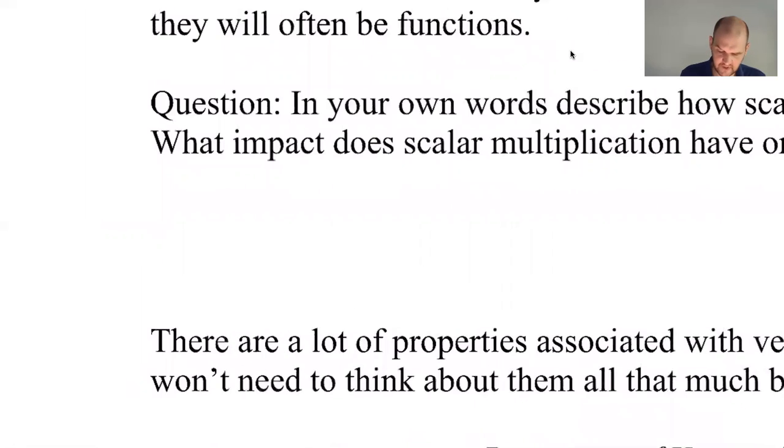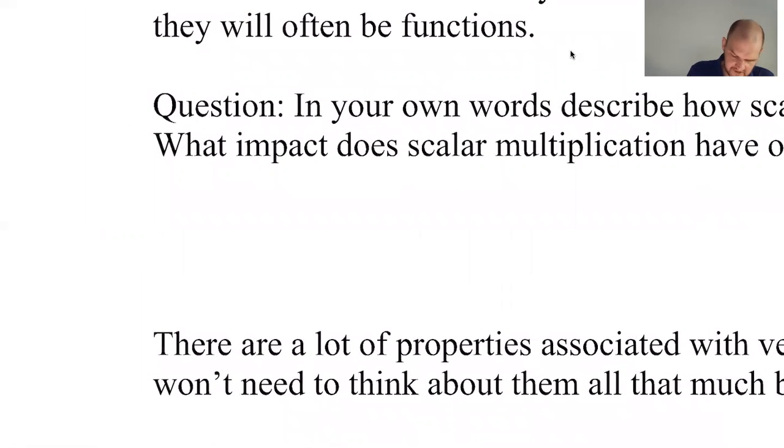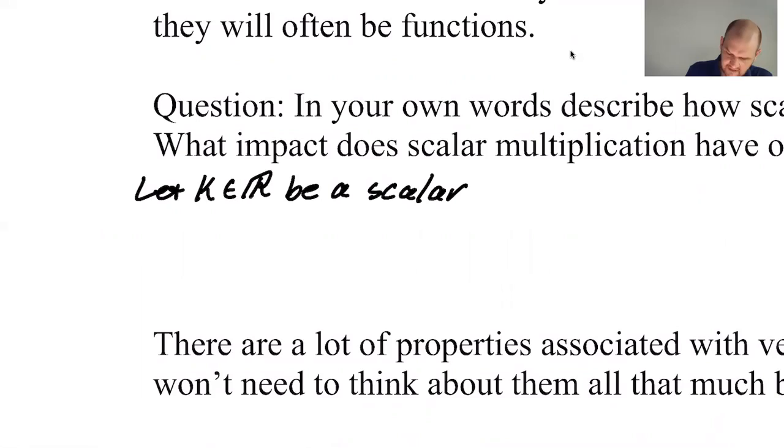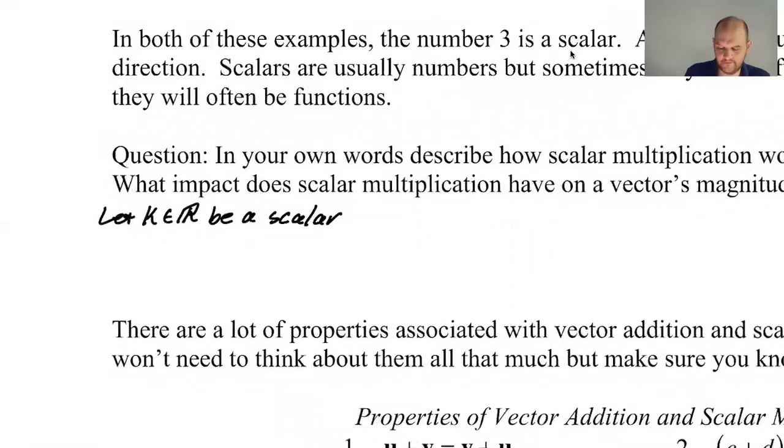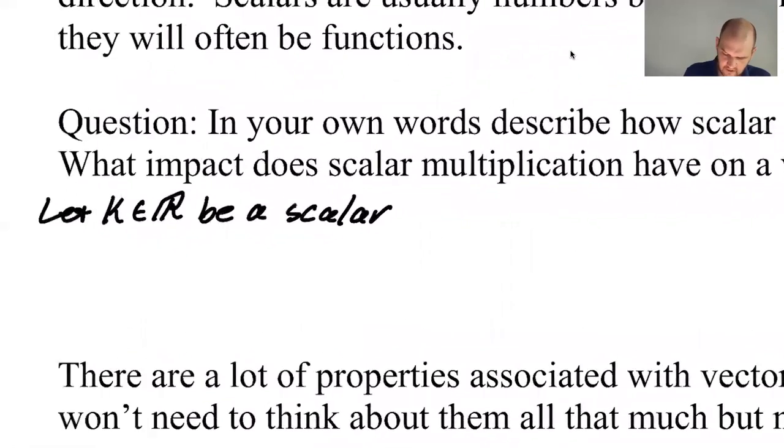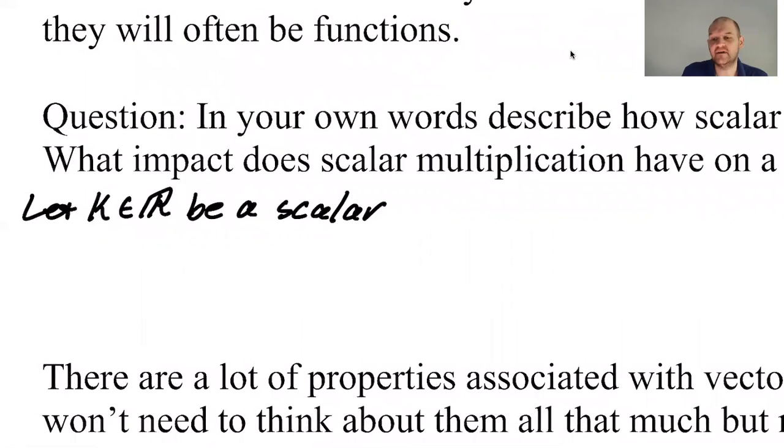So let k, an element of the reals, be a scalar. Can k be 0? Well, it can be. And if it's 0, we'll talk about that in a second.